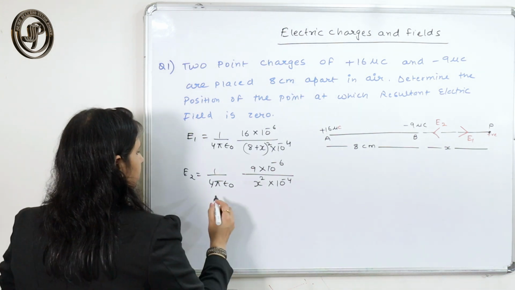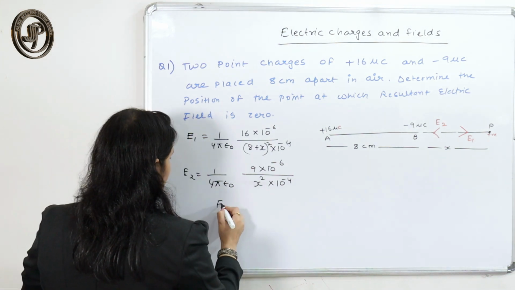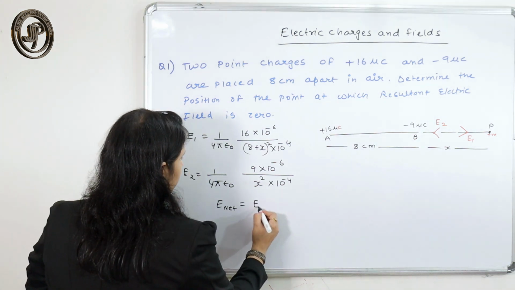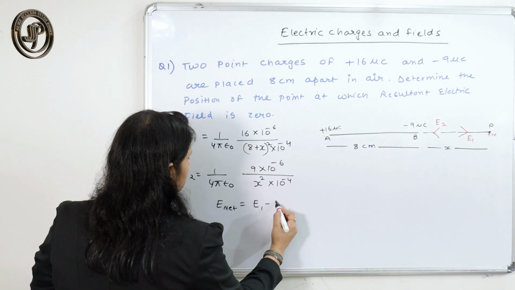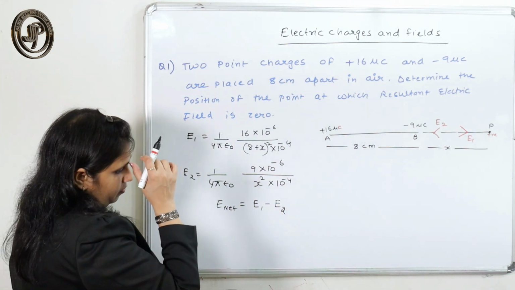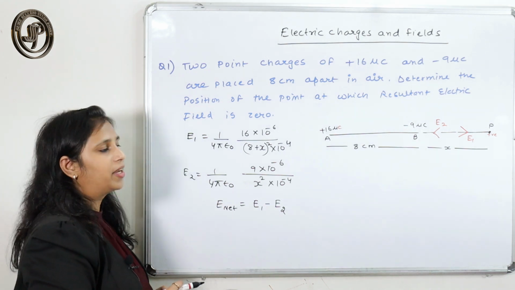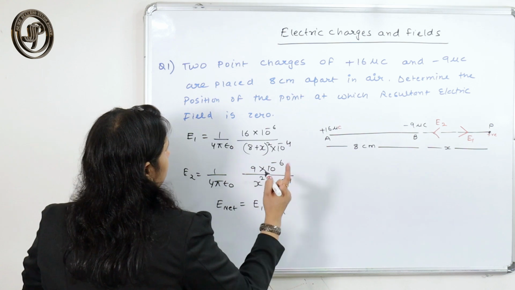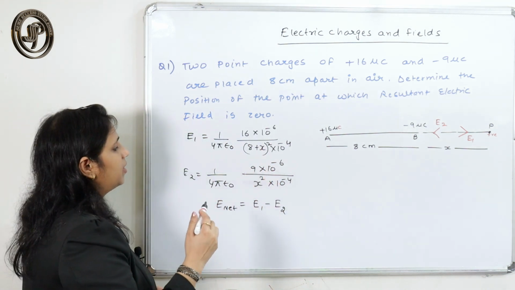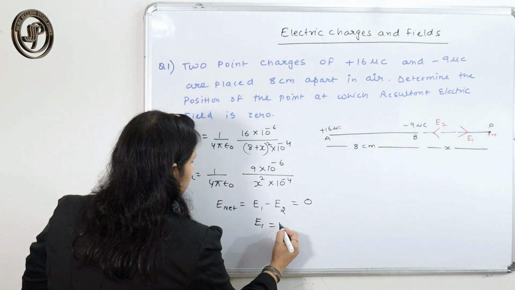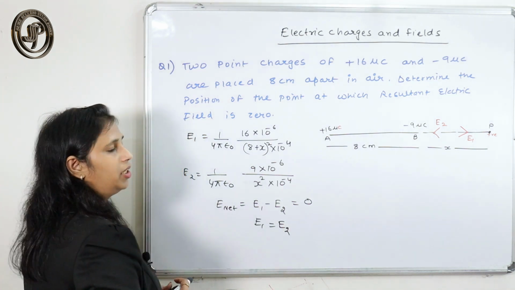Now, what is my net electric field? Net electric field is E1 minus E2, or E2 minus E1, whichever is greater; you just need to subtract. And it is given in the question that the net electric field at point P will be 0. So we can say E1 is equal to E2.